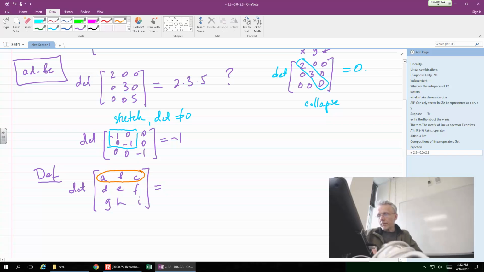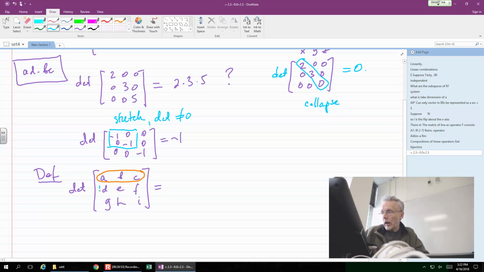I remove the first row, and then what's left is a 2 by 3 matrix, with 6 entries. From that 2 by 3 matrix, the second and third rows, I can extract 3 different 2 by 2 matrices, and those determinants will be used for that.